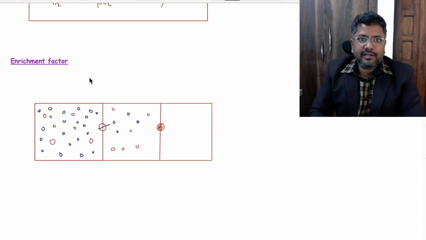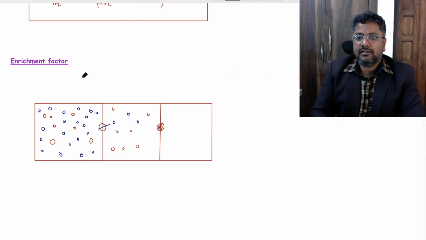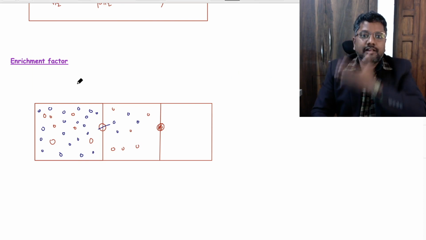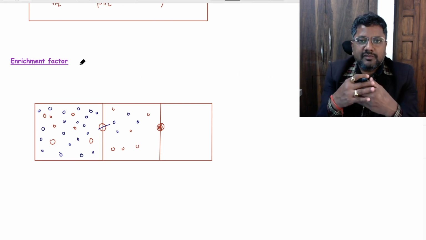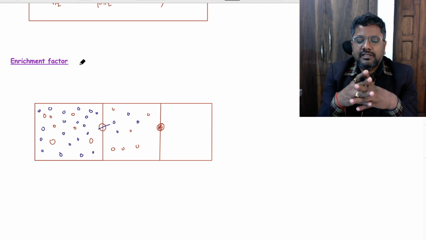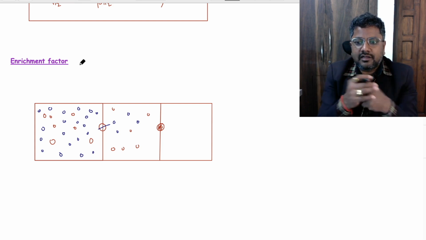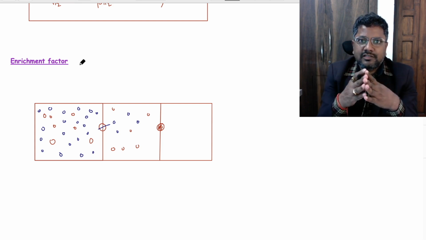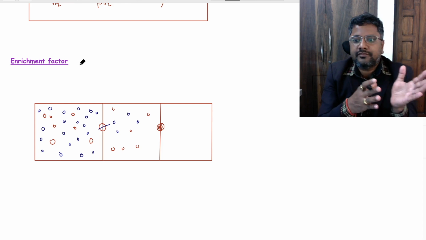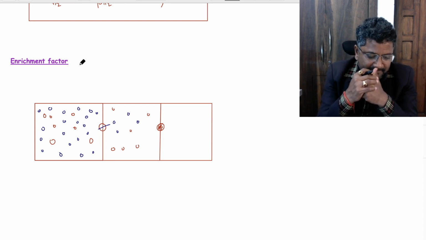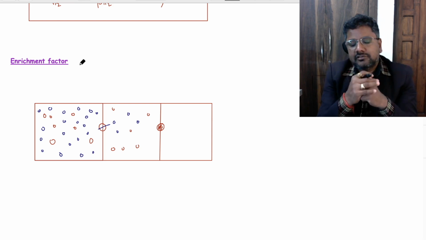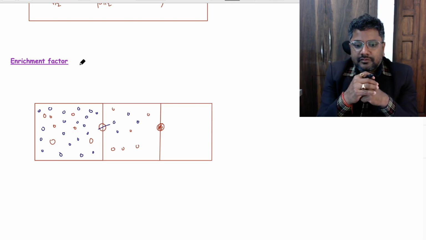See, one more technical term we are using here, that is enrichment factor. This term is basically used in the enrichment of uranium. As all of you know, uranium has two major isotopes, 235 and 238. And 235 is a good fuel, we can say, and its natural abundance is very, very low.